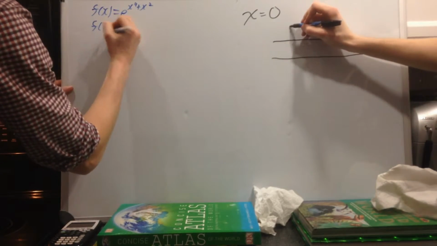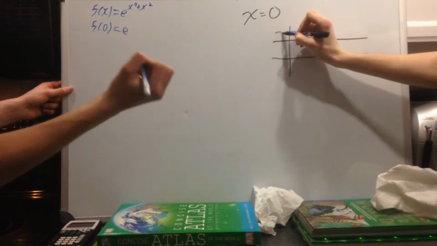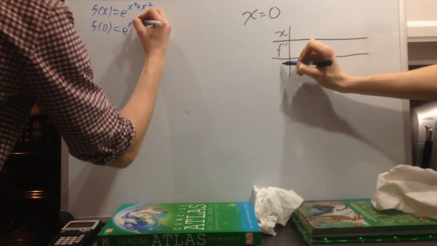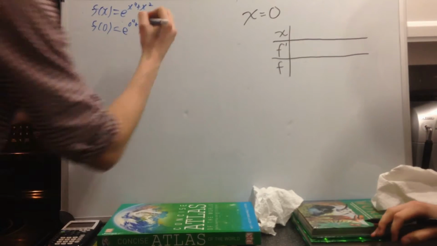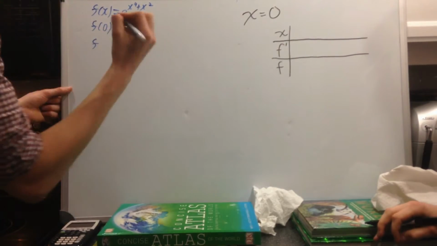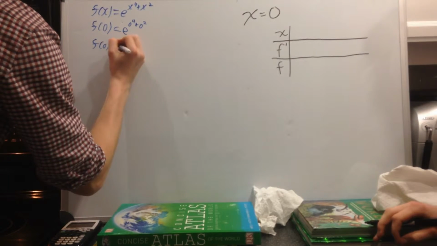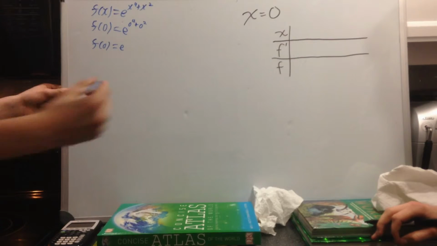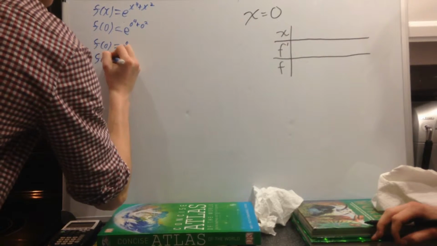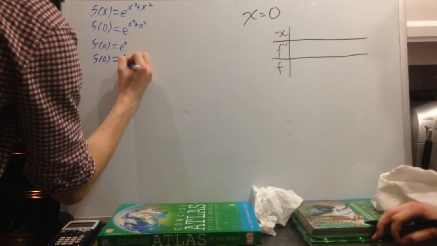F of 0 equals e to the power of 0 to the power of 4, plus 0 squared. This is going to give us f of 0 equals e to the 0 plus 0, which is 0. F of 0 equals 1.